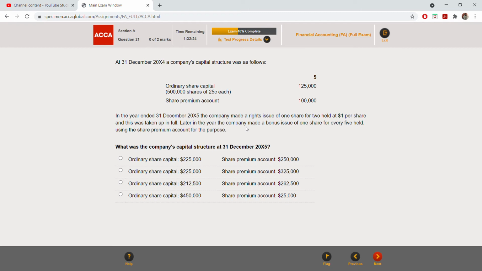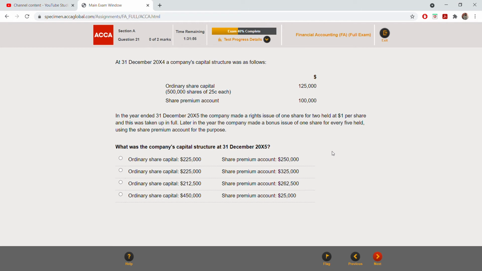That will lead you to 37,500. So add all. It is leading to 225,000. So you can see here the first and the second options, either your share premium could be 250 or it could be 325. This limits your answer. If you're not getting an answer for the share premium matching either of these two, that means something is wrong in your calculation.